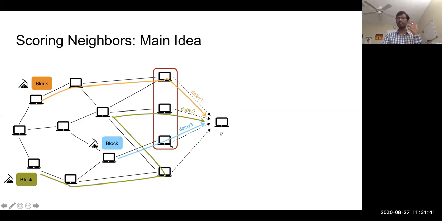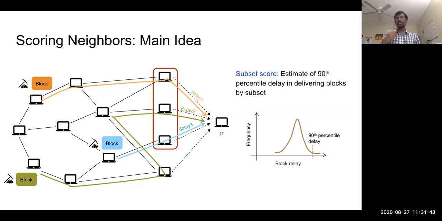Okay. So we can now use this delay information to compute a histogram where, for different blocks, it knows the delay incurred, and therefore it can just compute a histogram of these delays.